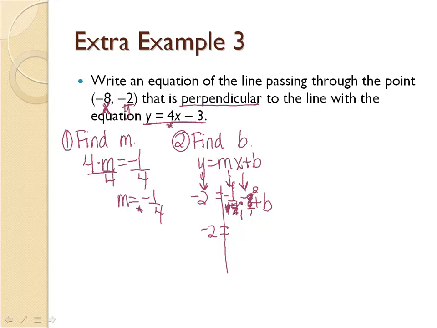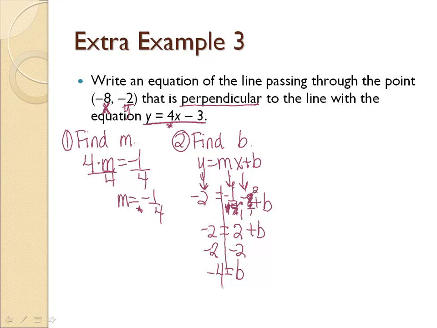So I've reduced that right there. So really I've got -1 times -2, which is +2, plus b. Again, if you didn't follow that, use your calculator to multiply -1/4 times -8. So subtract 2 from both sides, and I have b equals -2 minus 2, which is -4.